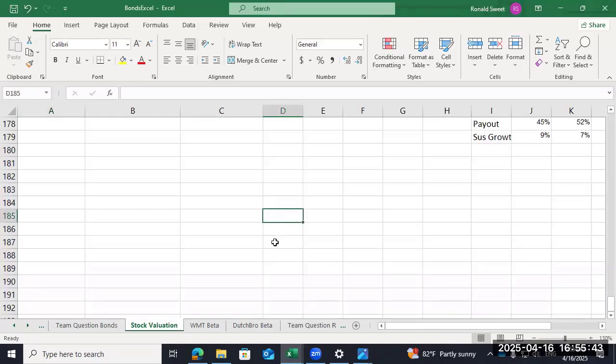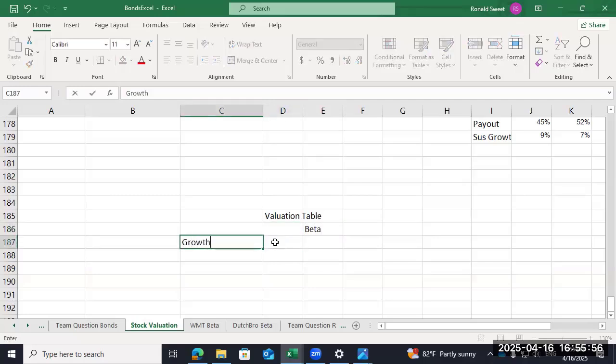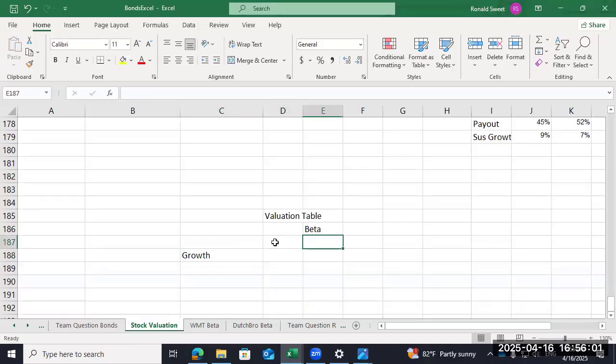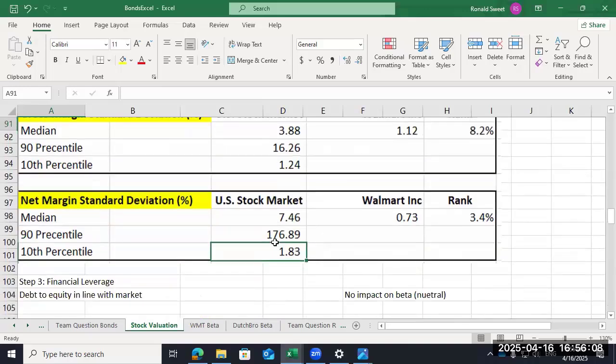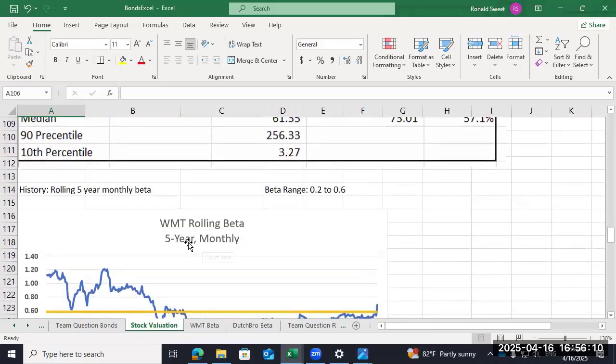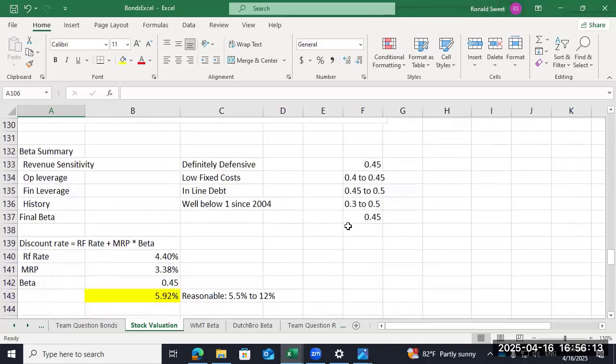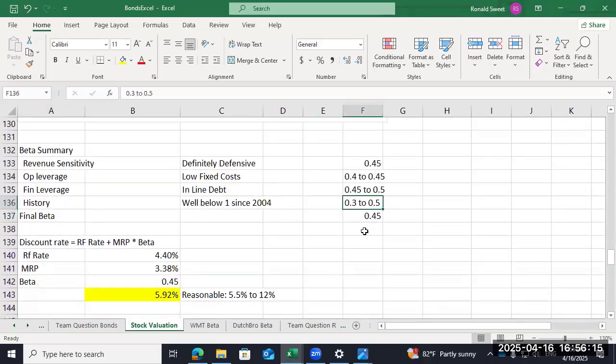So you could do a valuation table. How would you do a valuation table? Well, I want to use beta and growth. The beta I used for this firm was 0.5, but it looks like it could be as low as say 0.3, maybe as high.